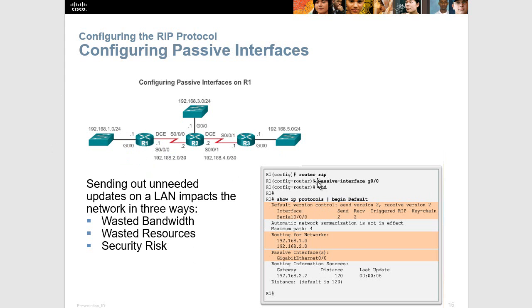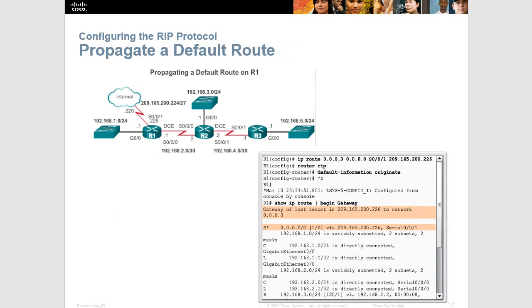In router RIP, at the config router prompt, you type passive-interface and then whichever interface you want to make passive. That means you won't send routing updates out that interface, but you could still receive them if they were sent the other direction.